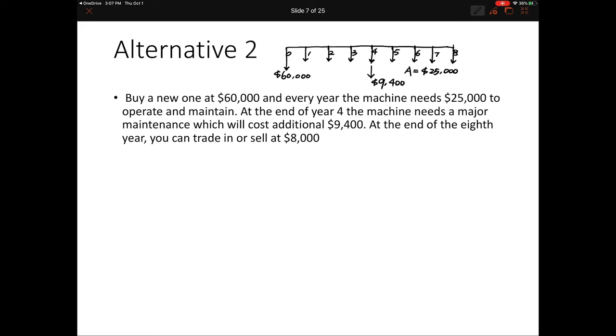Okay, and at the end of the 8th year, you're gonna have trading, receiving. Receiving for trading, excuse me, and the price is 8,000. So it's a very short arrow going upward, which is 8,000. Okay, so that's the cash flow.